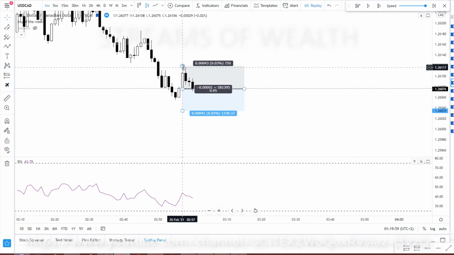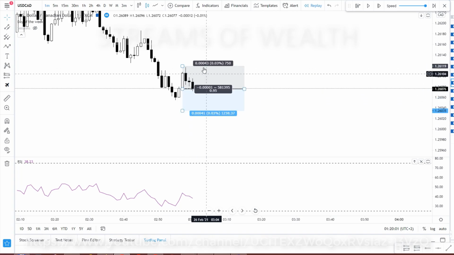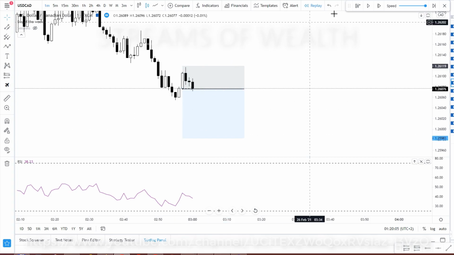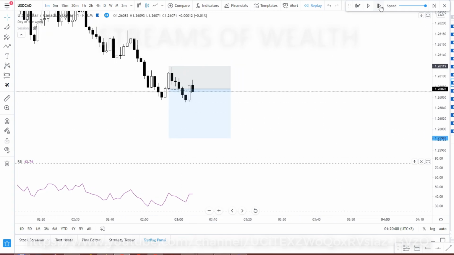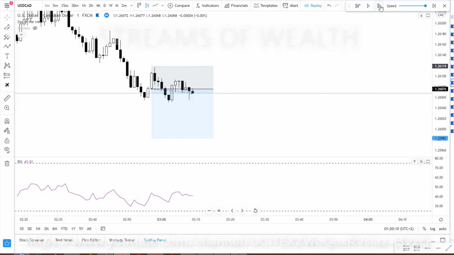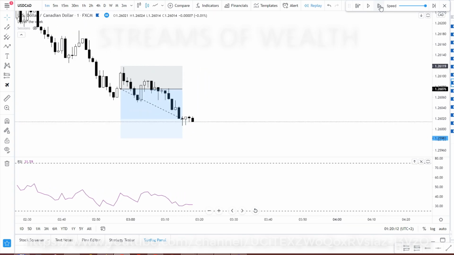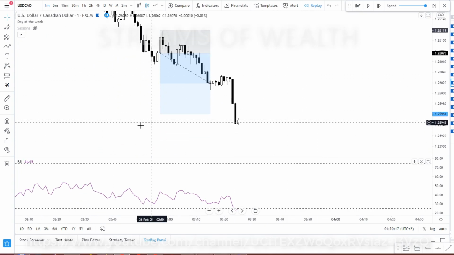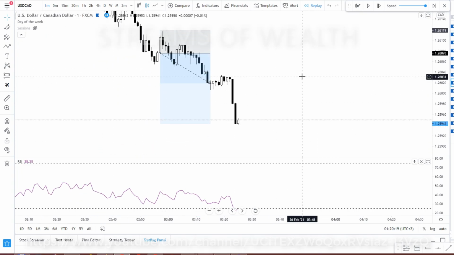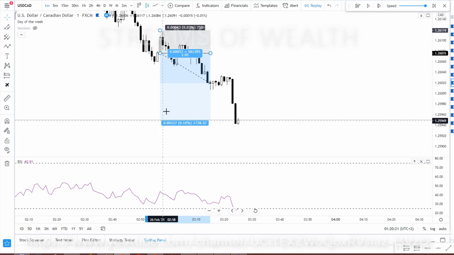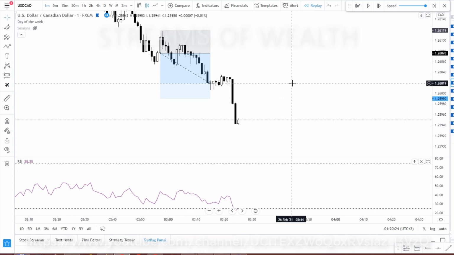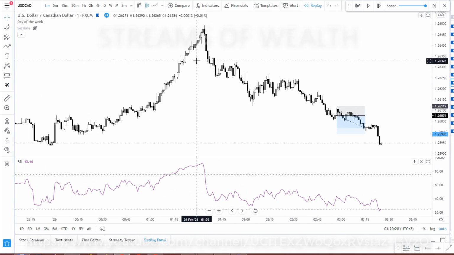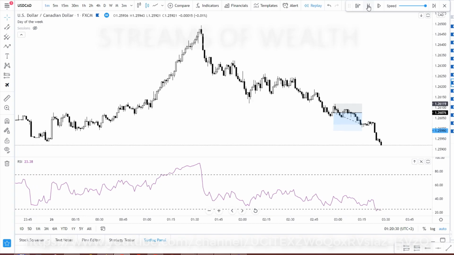The stop goes above the latest market structure, so that is here, targeting 1 to 2, and let's see. And we hit it. 1 to 3. We were targeting 1 to 2, so let's do 1 to 2. So as you can see, these are two confluences you can use, and let's see what happened.